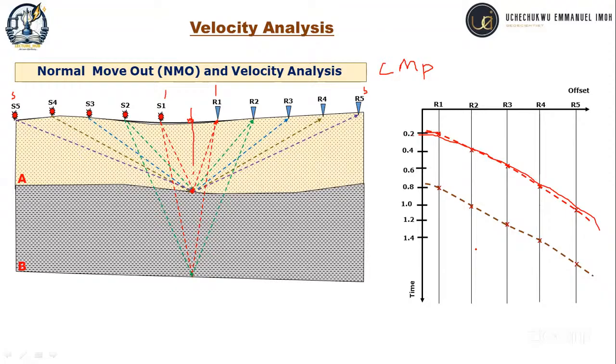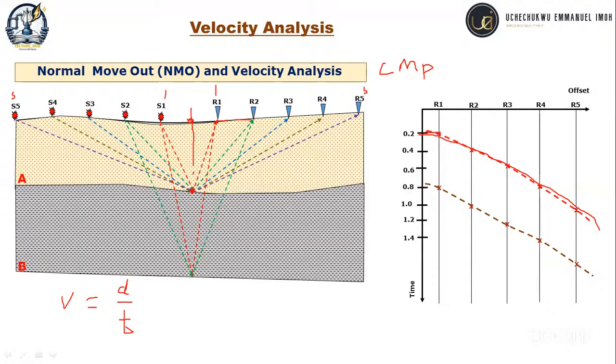So what does that imply? Remember that your velocity is equal to distance of travel over time, right? You have your offset, which is the distance of travel of the seismic wave, and then you have the time.